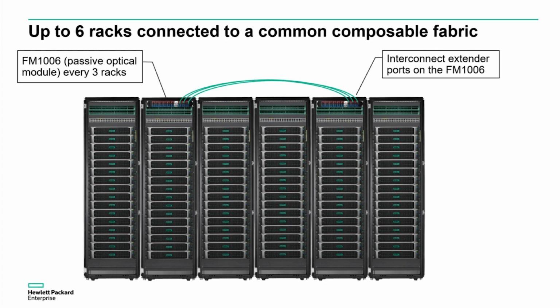So when you scale, once you've got the FM1006 in your environment, which is a completely passive optical device, in other words, there's no configuration, there's no power, there's nothing that you need to do apart from plug the switches into the correct ports of the FM1006, and this is how we create this kind of mesh fabric.